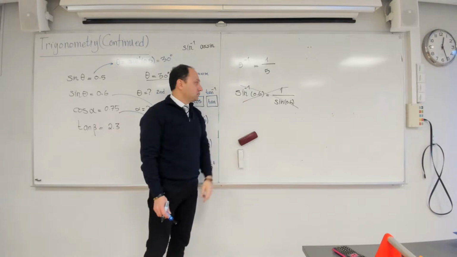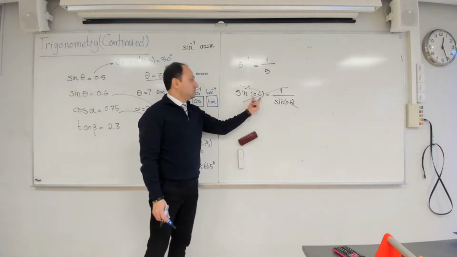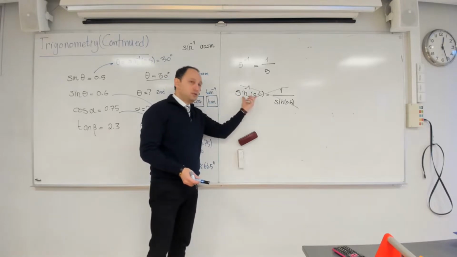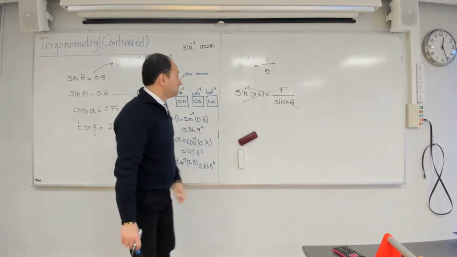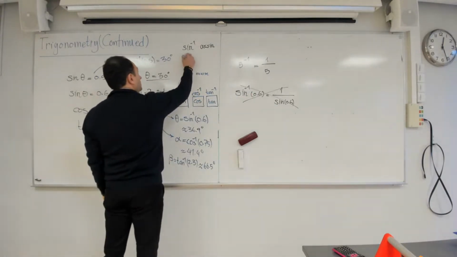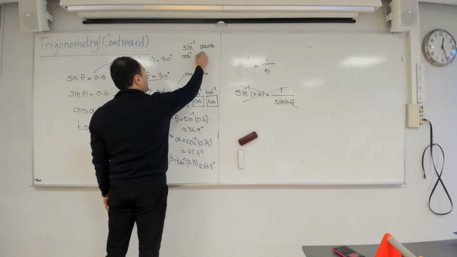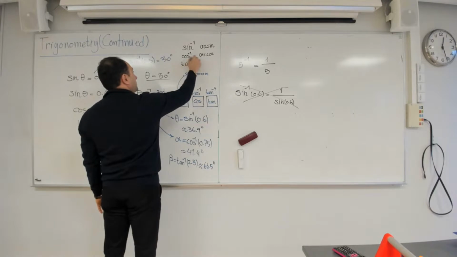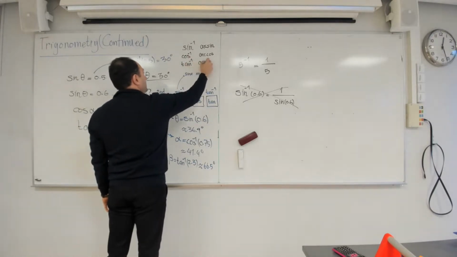Sine inverse of 0.5, sine inverse of 0.6 is the number that you get as an answer if you punch this in your calculator. For cosine inverse, some books write arc cosine. And for tangent inverse, some people write arc tangent.